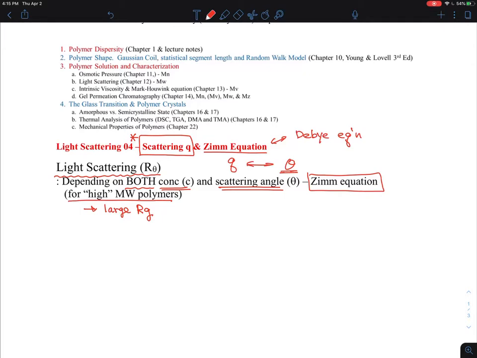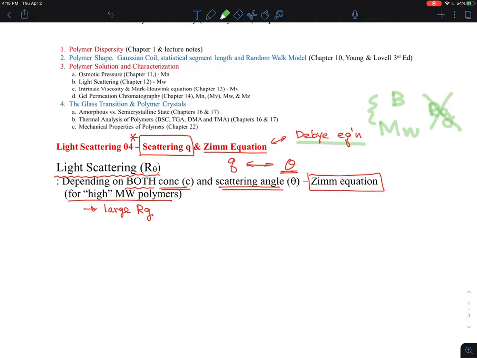So, if you refresh your memory, the Debye equation was sufficient for us to characterize the weight average molecular weight and the second virial constant. What's missing here is the radius of gyration, right? So this is the case when the radius of gyration has not been measured.